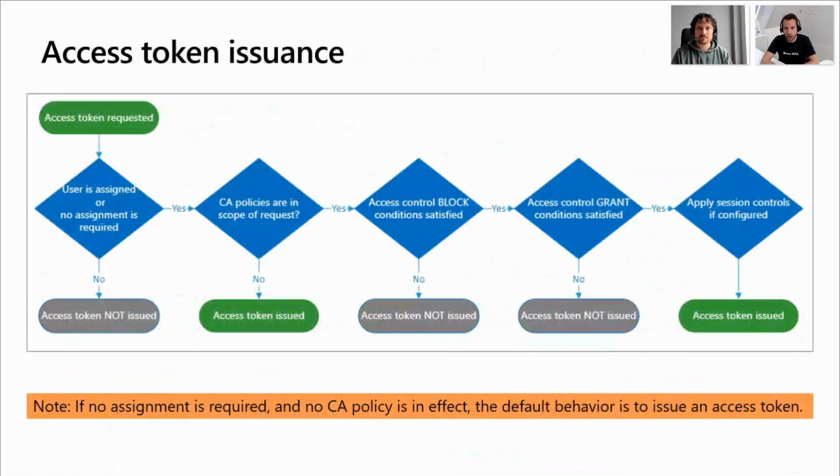The other thing, which I think is very, very important to remember, is that we evaluate conditional access when we issue an access token. I don't want to dive into the whole token piece, but it basically means we evaluate conditional access when you try to access data, when an app tries to access an API.